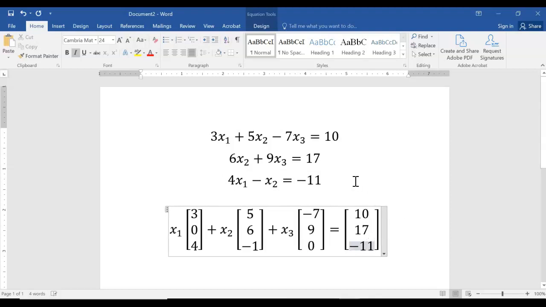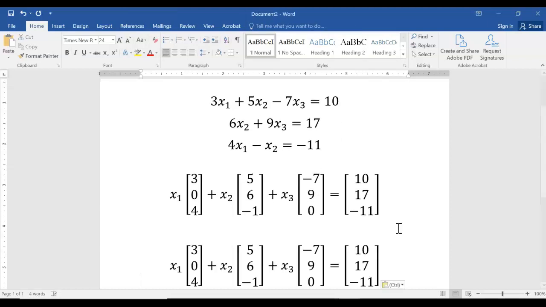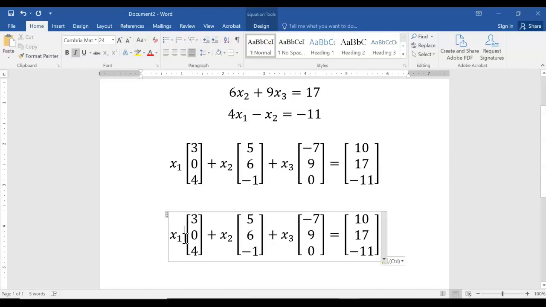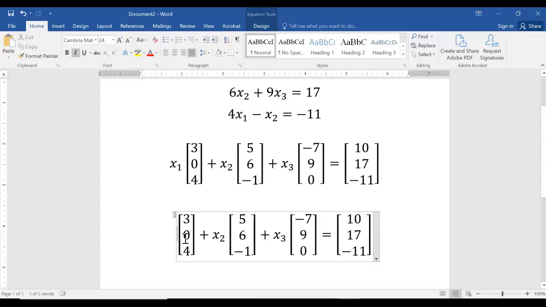All right? So if we were to rewrite this as a vector equation, this is how we would do it. Now, one thing I do want to mention before I move on: in that vector equation, these x1s and x2s and x3s are just constant numbers.